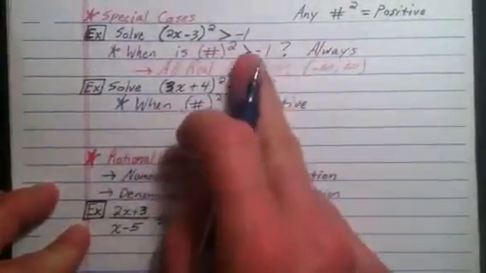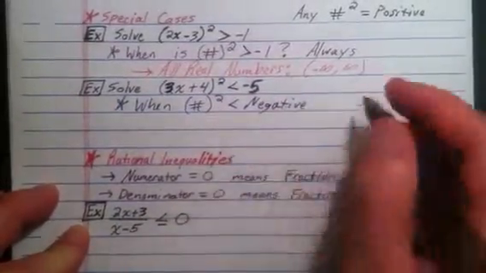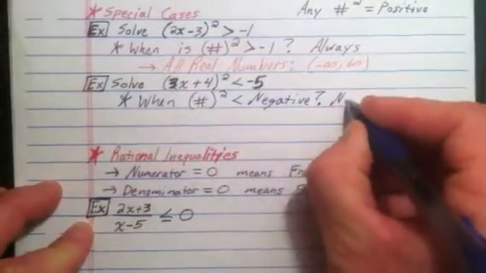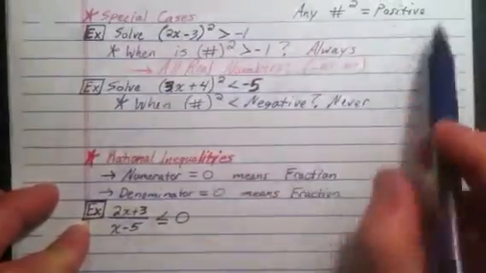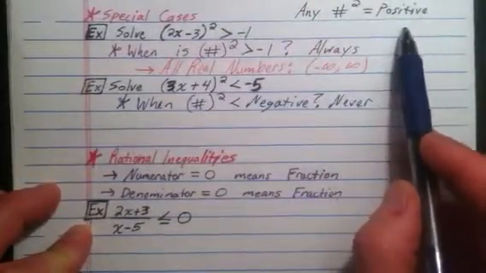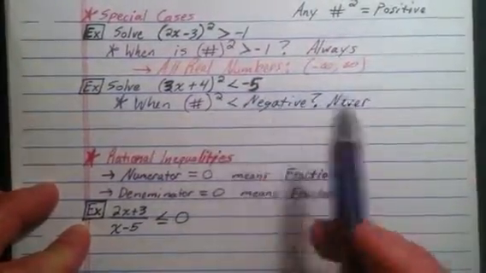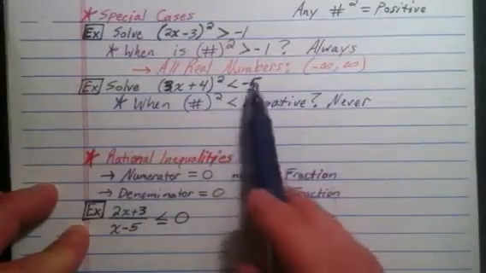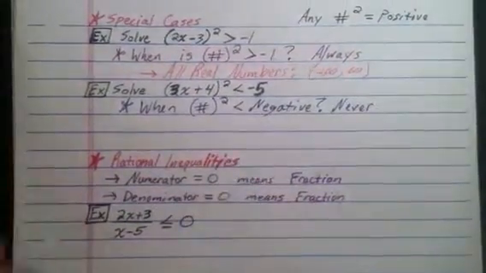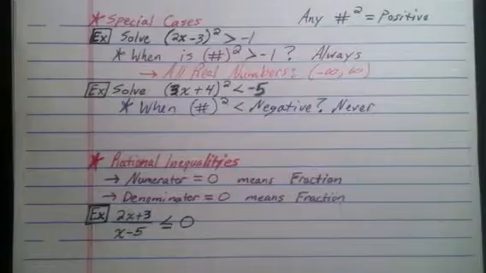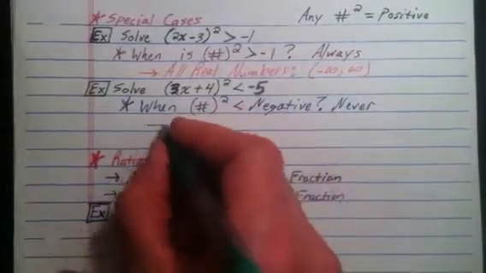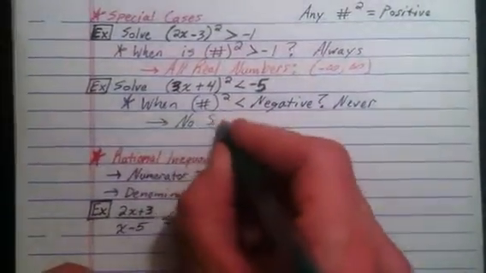It will always be greater than a negative. When will it be less than a negative? Well, never. Again, we said it's always going to be positive, so it will never be less than some negative. Anything less than a negative will still be negative. So that will never be the case. So that's a situation where we say there is no solution.